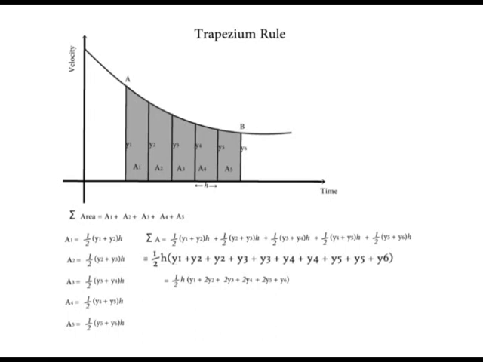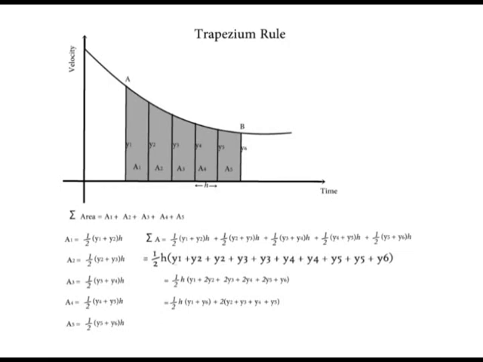Looking at the terms in the brackets, only y1 and y6 occur once, so we can isolate them. We have y1 plus y6 in one bracket, plus we factorize the rest, 2 into y2 plus y3 plus y4 plus y5, everything times a half h.